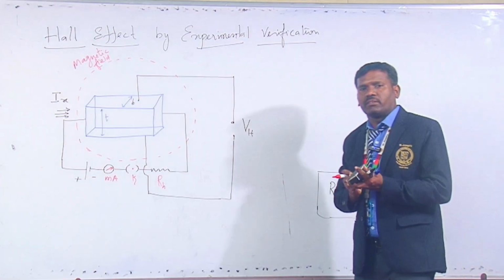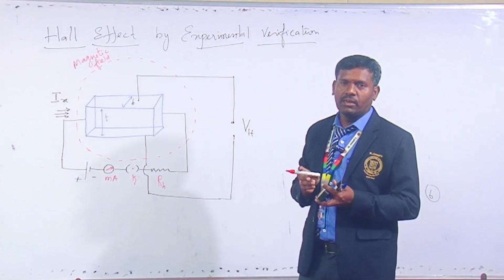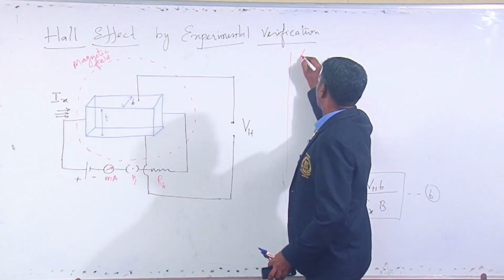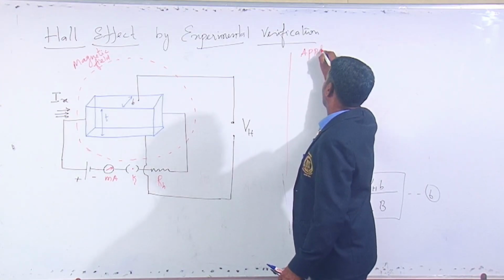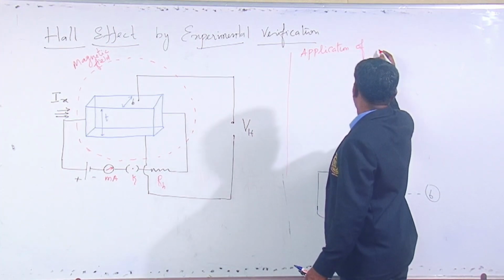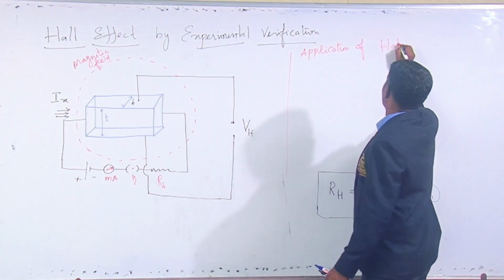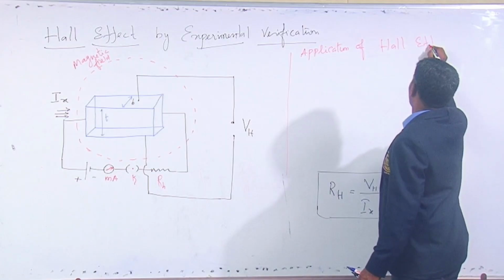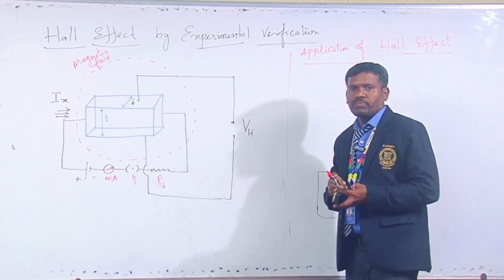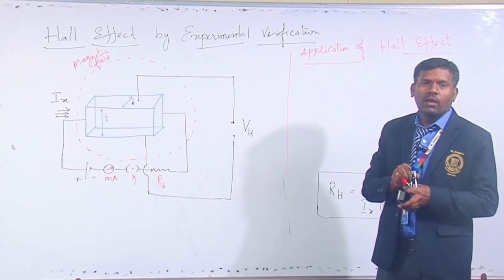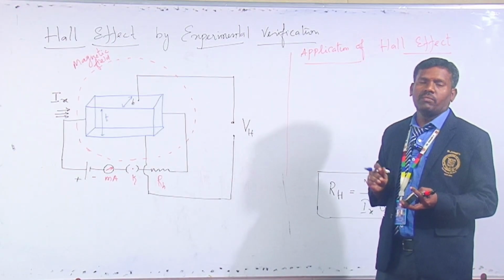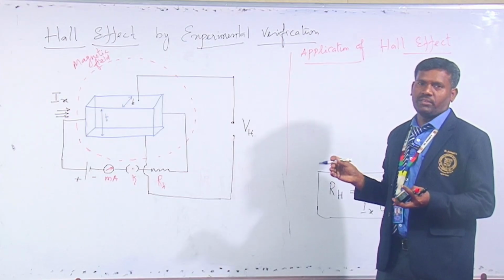Then what are the applications of Hall effect? Already I told you, the first one is to determine whether the material is N type or P type, which is based on the Hall coefficient sign.